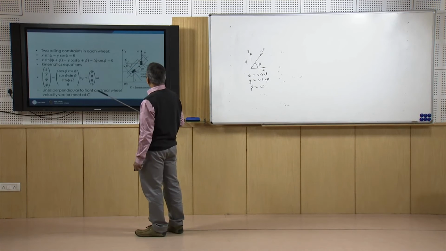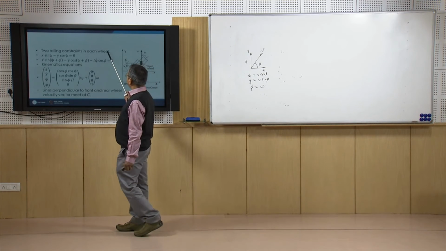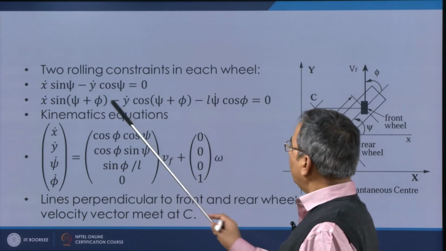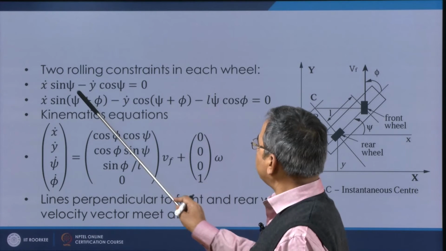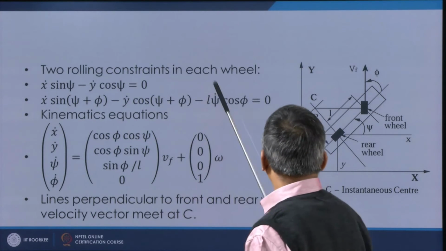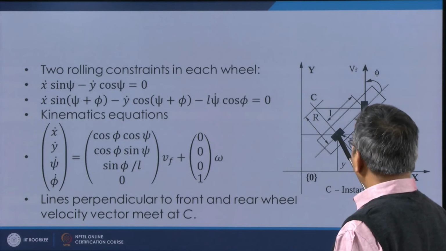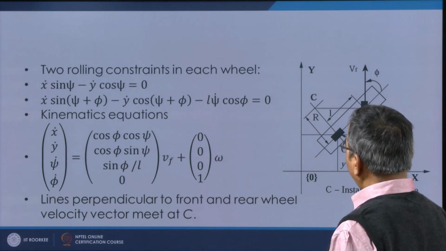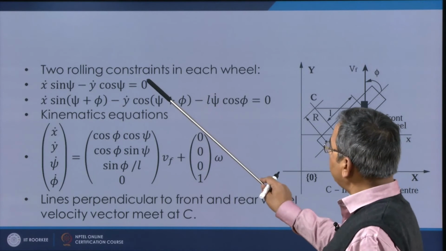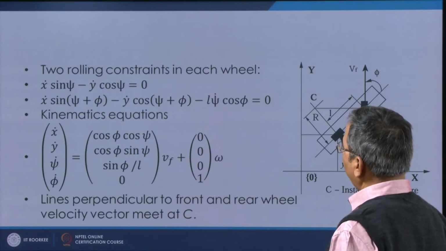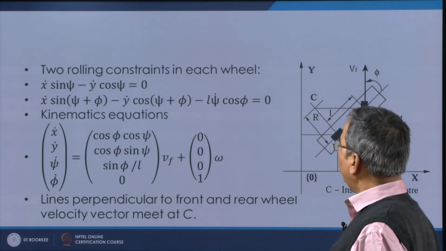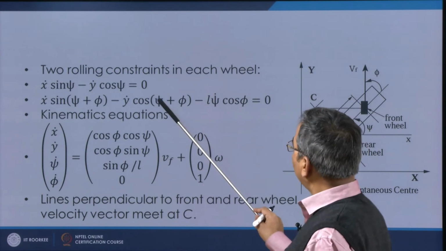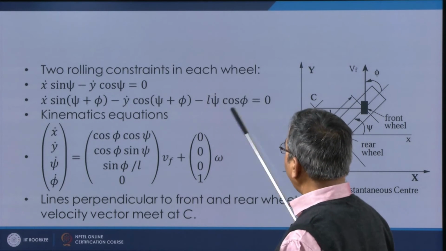Okay. So, here there are 2 rolling constraints in each wheel. In this case we can work it out. The first one is this one, x dot sin psi minus y dot cos psi is equal to 0. This is basically the no slip condition here, and the second one here is the no slip condition here.